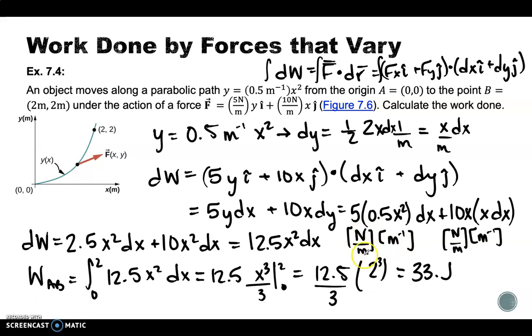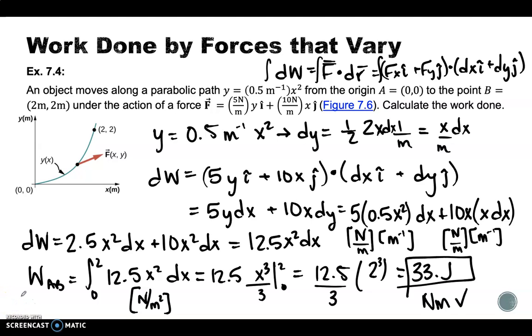And so this was in Newton per meter squared. And then, yeah, this gives us Newton meters. Because then we took an integral, then we have meters cubed. And so we have meters cubed divided by meters squared, and we get Newton meter. So there we have it.